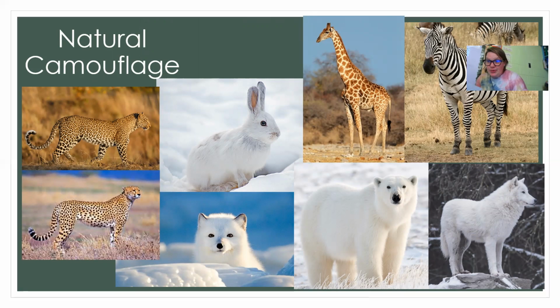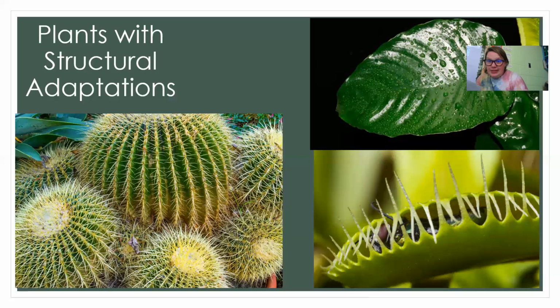So lots of animal structural adaptations, but plants also have them too. Plants need to be able to survive in all kinds of different environments. So think about the habitats we've been talking about, the rainforest, the desert, and they need to have ways to survive in all of these different conditions.